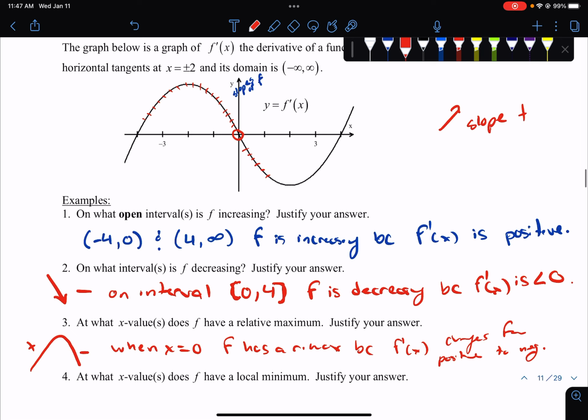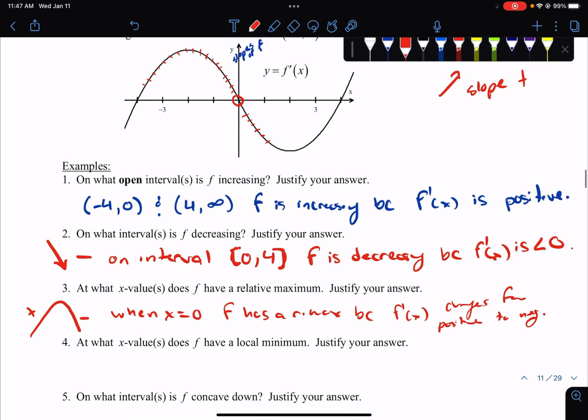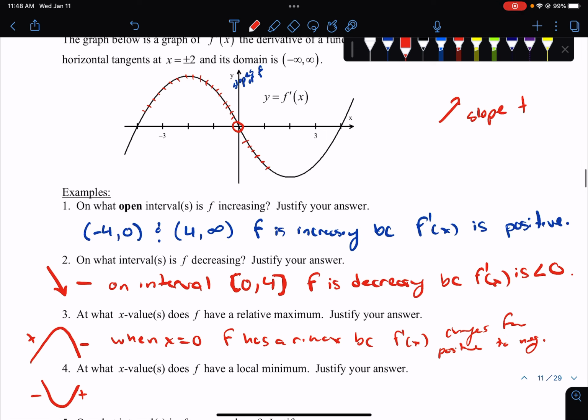When do you have a local minimum? All right, so to visualize that, my function is going down and then it's going up, which means I have a negative slope over here, and then it changes to a positive slope. So I'm looking for the x value where my slope changes from negative to positive, and here's all my slopes. They're negative slopes, negative slopes, negative slopes until this value 4.